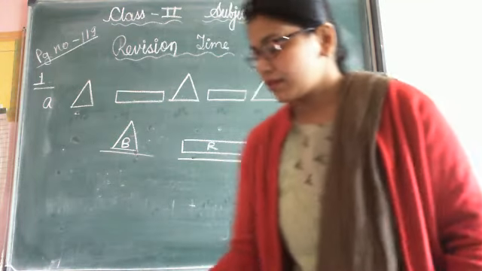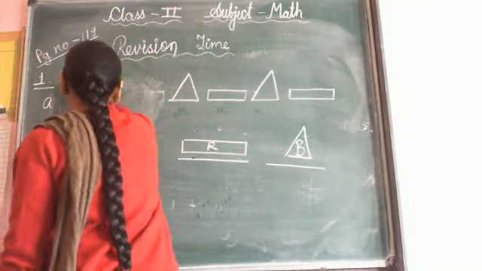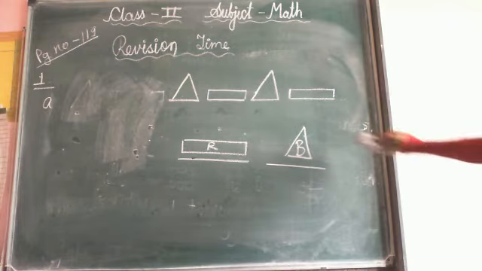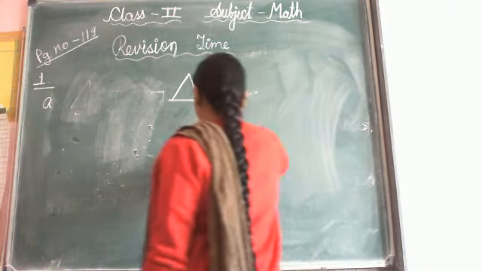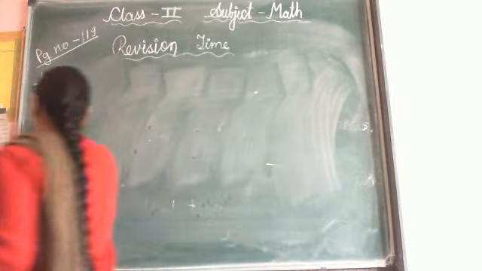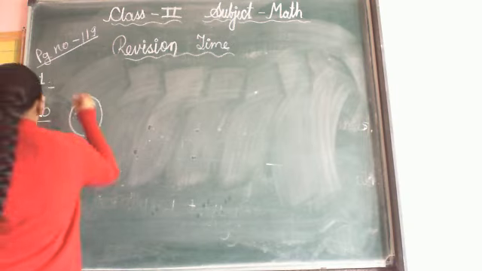You are done. So let's move forward. Let's move to question B. So question B is, there are some circles.